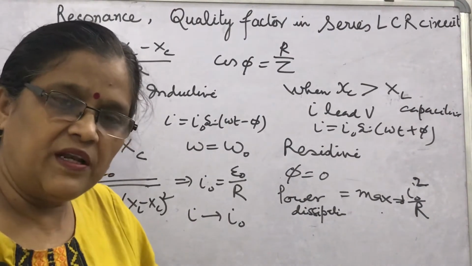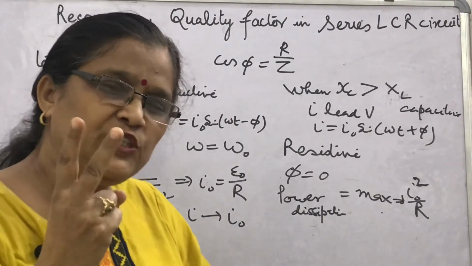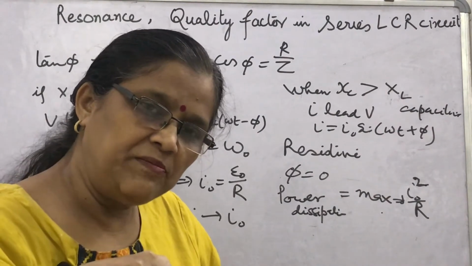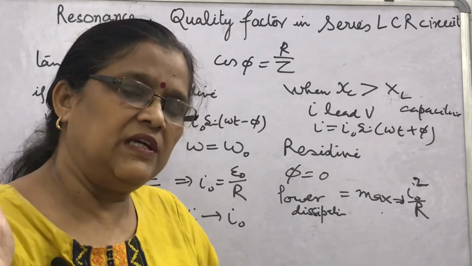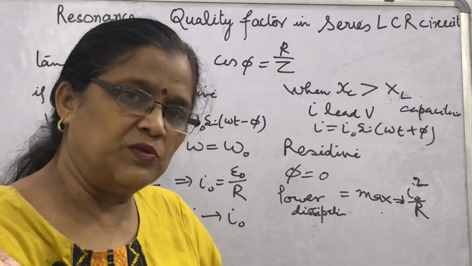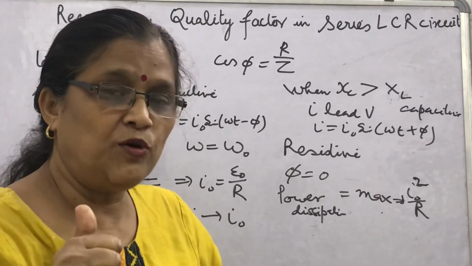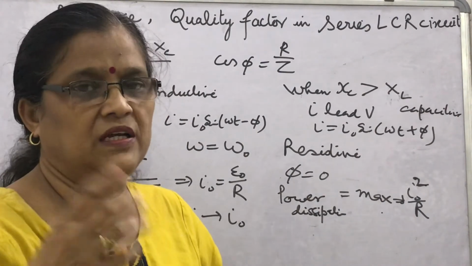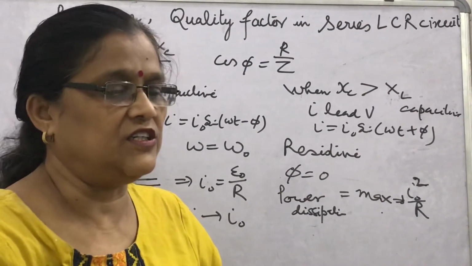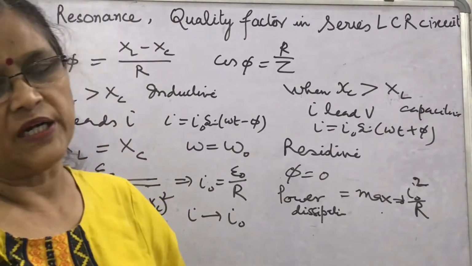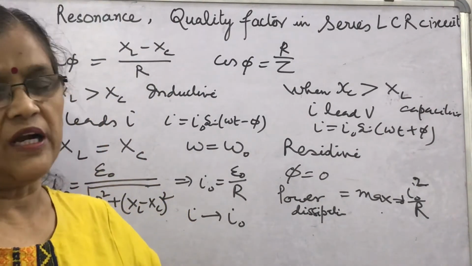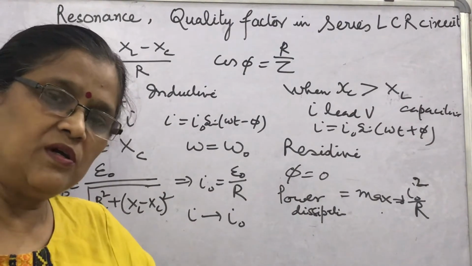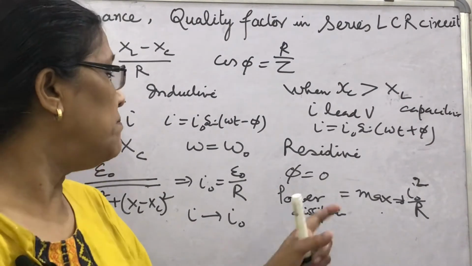Resonance is a phenomenon in which the frequency of the energy source, like the child pulling on the rope, matches the natural frequency of the system. Then the amplitude of current becomes maximum.